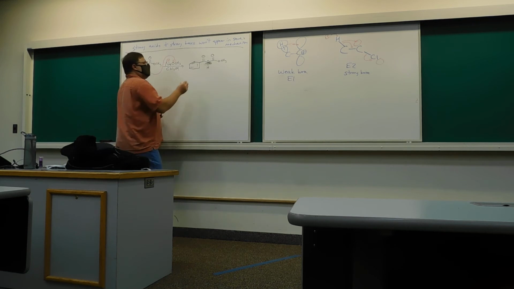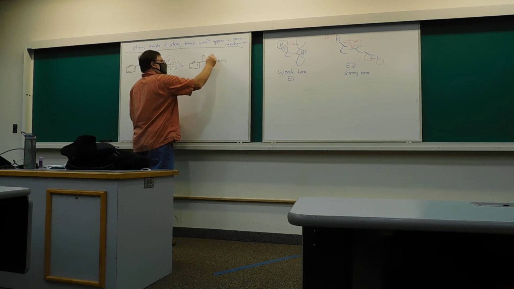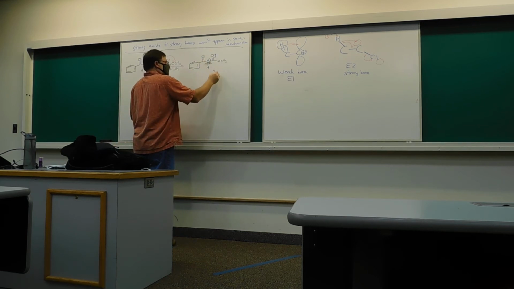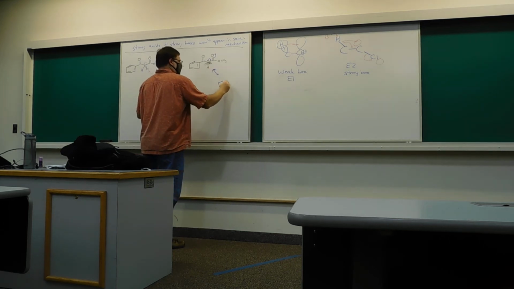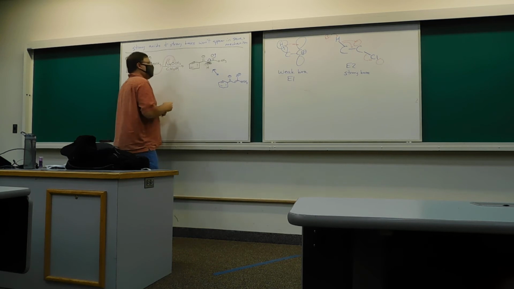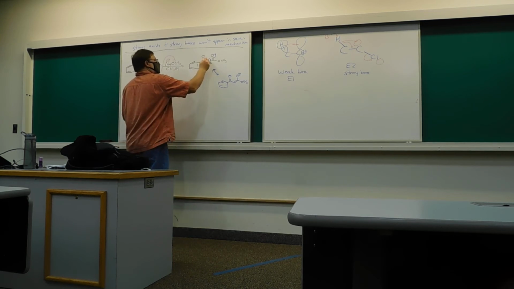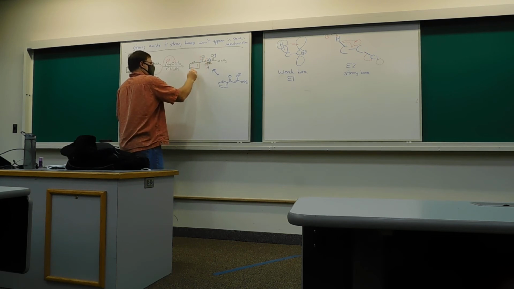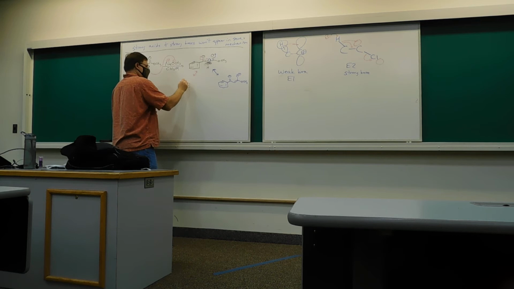So like I said, you can delocalize this negative charge onto both oxygens. The blue arrows give the blue resonance structure, the red arrows give the red one.